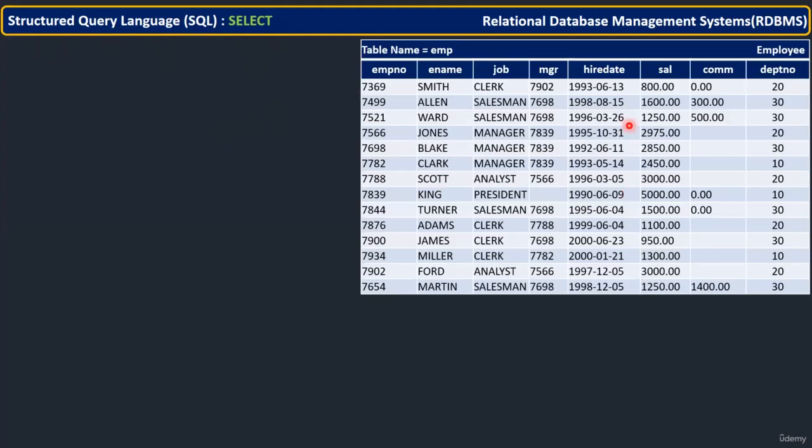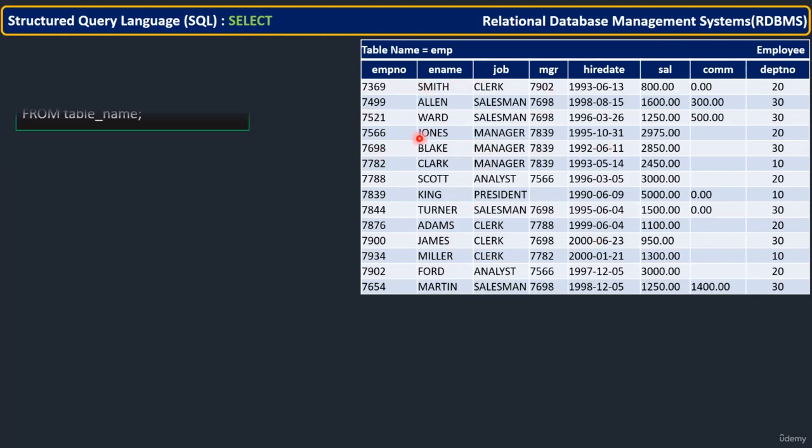So let us see. This is the data we have in the database. The table name is EMP and these are the 8 columns we have, and 14 rows are there. Now by using this select command, you can select the data from this table.